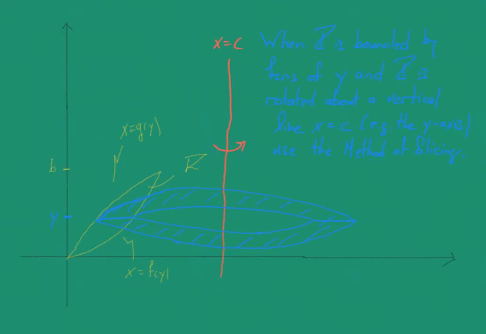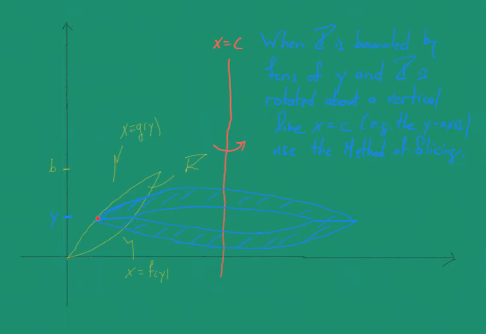Note that this is going to work out well because R is described in terms of functions of y, and so if I wanted to use the method of slicing, I'd need to know the area of the large disk. For that, I would need the radius of the large disk. That's going to be the distance from x equal to c to whatever this x value right here is. And I know what this x value is because this x is just equal to g of y.